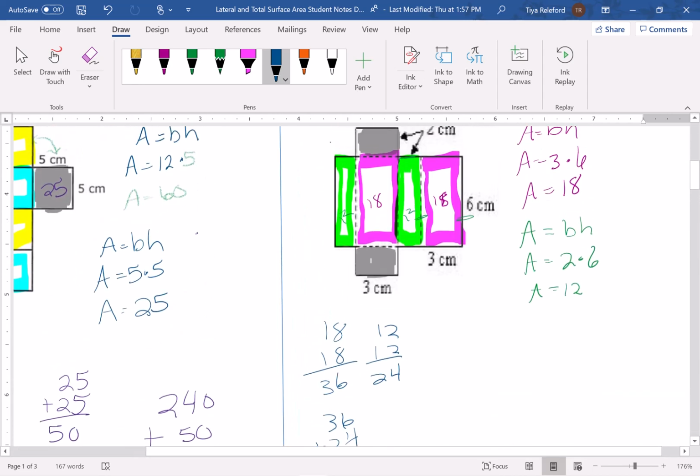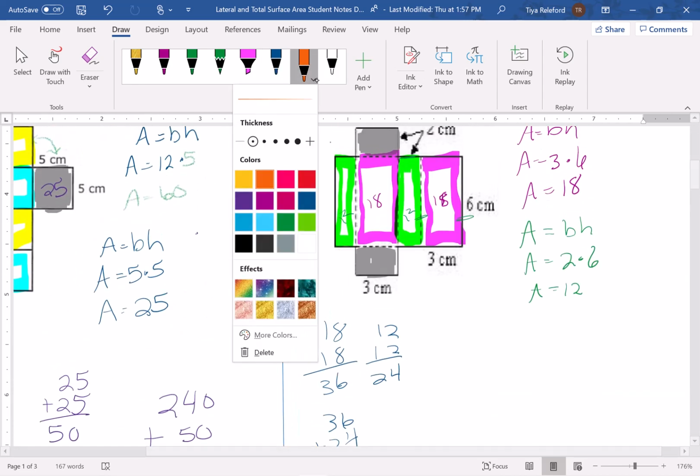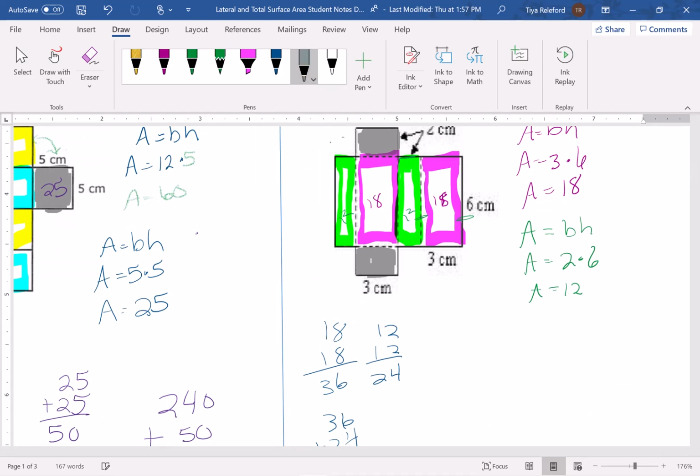Now, to find the total, we're just going to add the bases in there. Our bases are rectangles. I have 3 and 2 as my base and height.